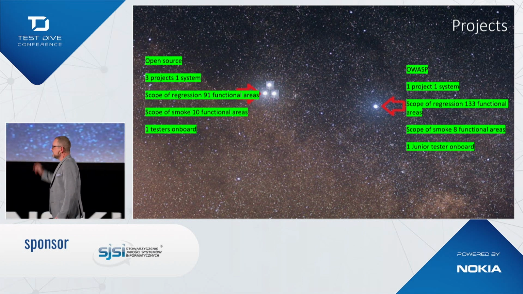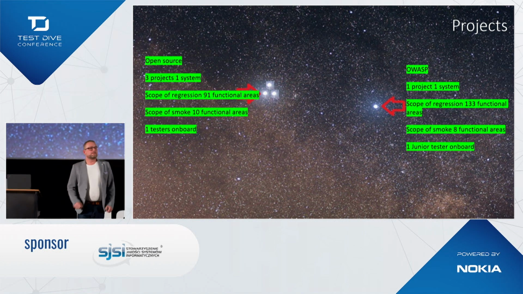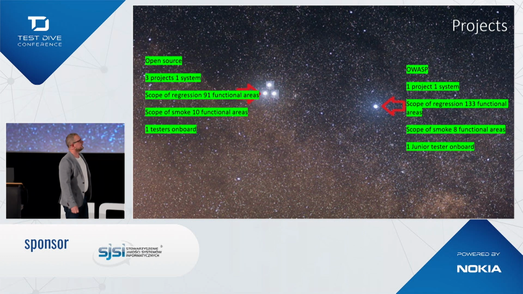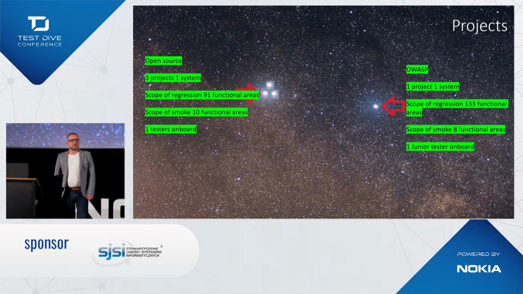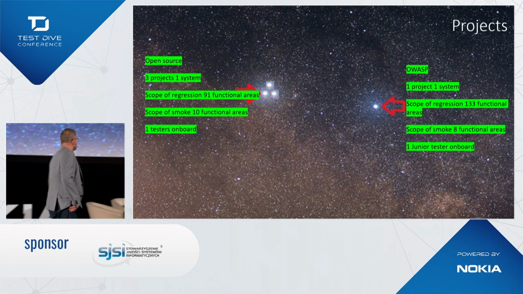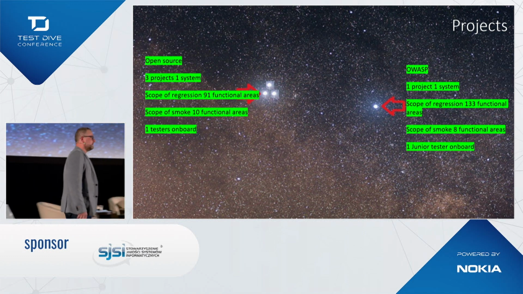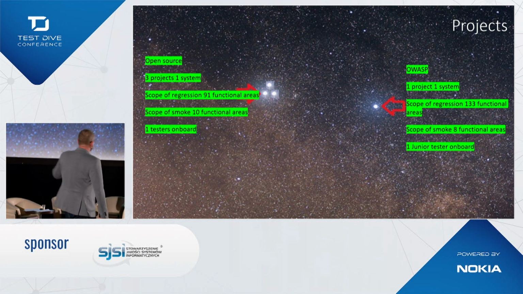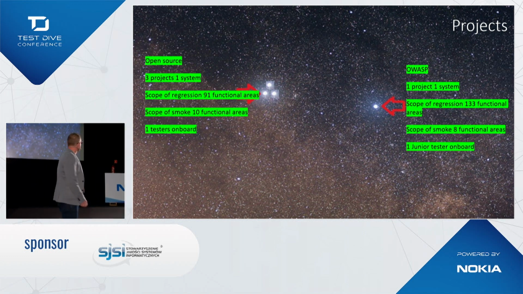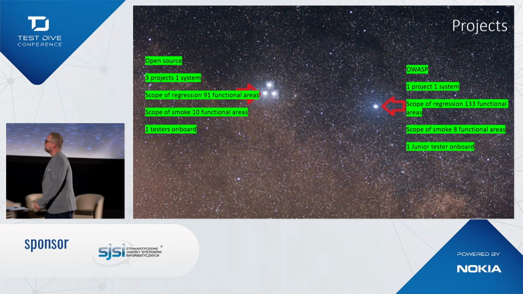On the open source side, we selected 10 areas for smoke testing. On the COTS side, we selected 8 areas. And the team on the testing side: on the open source side, we had 1 tester on board. On the COTS side, we had 1 junior tester on board.